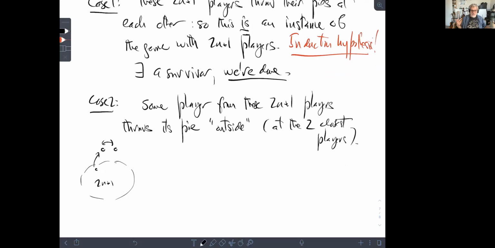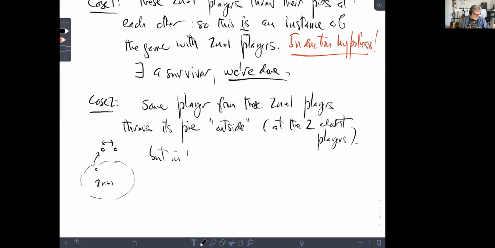But then I think this domino effect you were talking about is this, right? If a pie goes outside, there's not enough pies for everybody. So for sure, someone is not going to get hit by a pie.